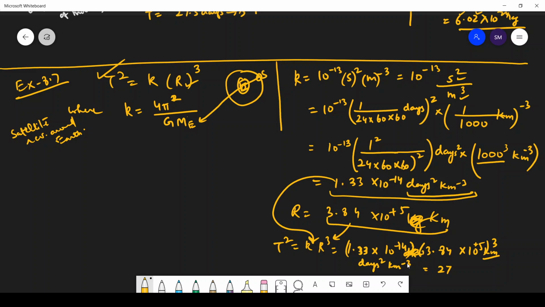Okay, so kilometer raised to power 0 means 1, and I am left with only days square. And square rooting it, because this is T square, this days square will be converted into days. So see, the units also matched on both sides. So is this okay?